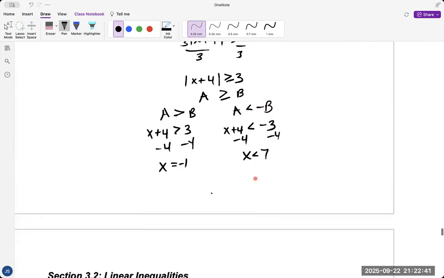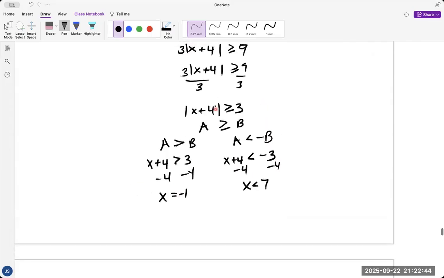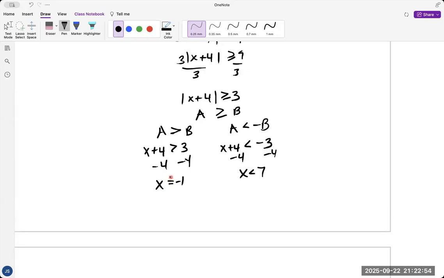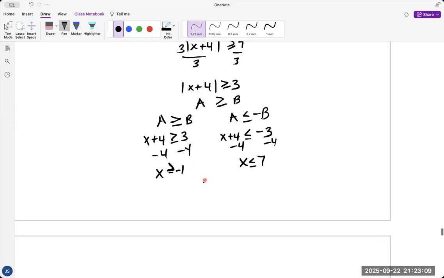So there we go. The solution to this inequality, oh, I didn't write the inequality sign. I totally forgot my inequality sign completely. Okay. So we can leave this in just this notation, or we can write it in interval notation.